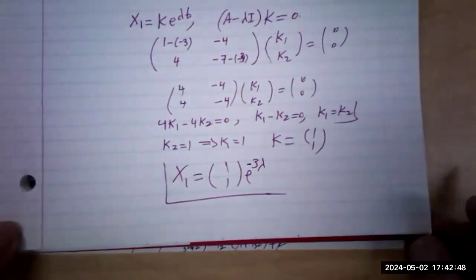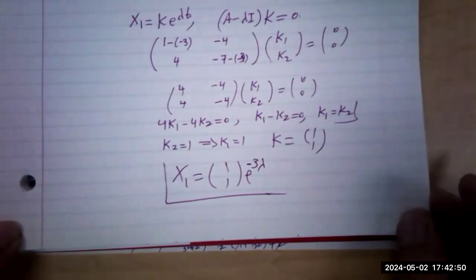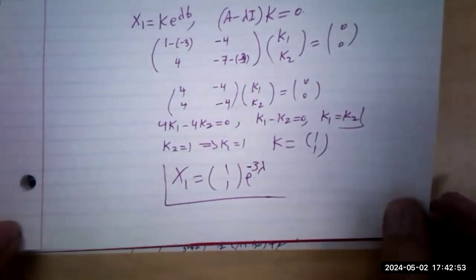Now it's a repeated value, so you have to get the second solution. We need to find the P. So we have to find the x2, looking for the P for the second solution.